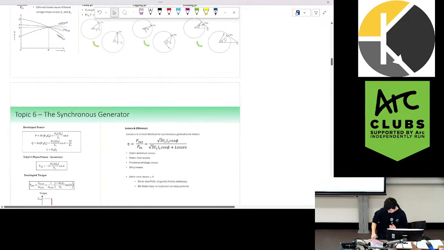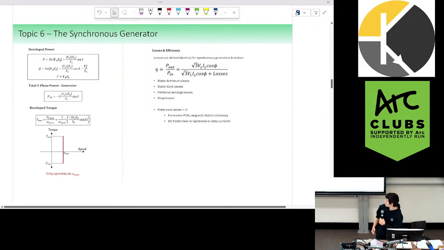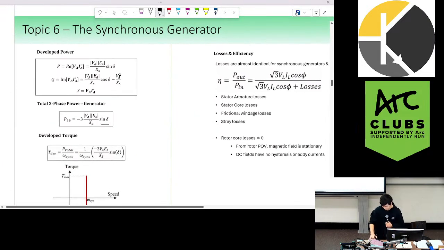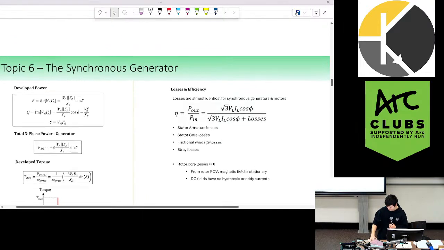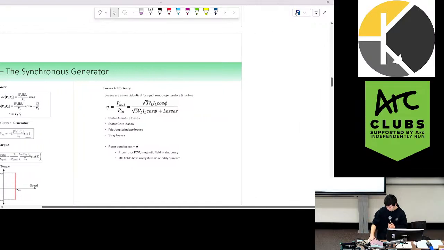Moving forwards, more power, but it's with respect to sine delta. Delta being our torque angle. It follows a number of angle names, but typically that is just the angle between our terminal voltage and the excitation voltage.